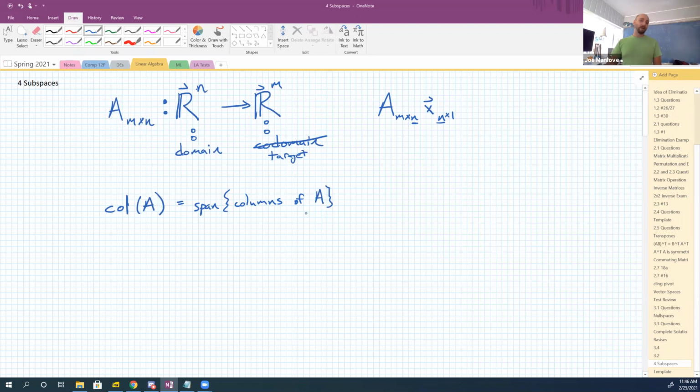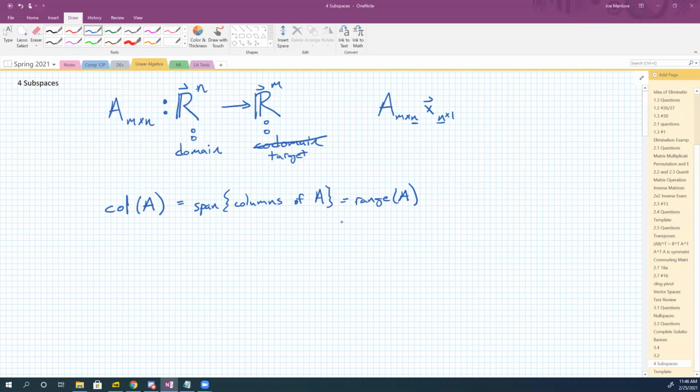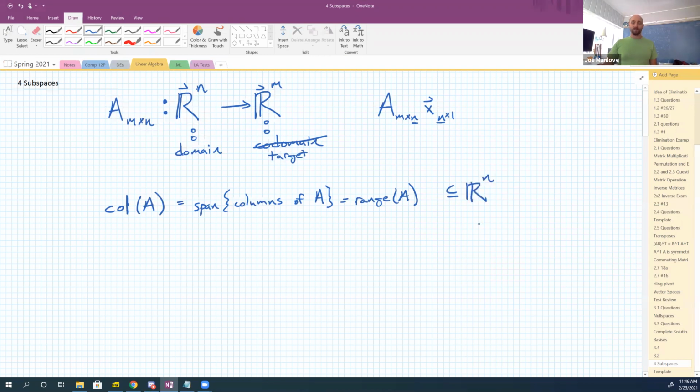Now, remember, the column multiplication picture tells me that this thing, the span of all the columns, is also identically the range or the image of A. You guys with me on that? Yeah. So this thing is a subset of Rn. Is that right?